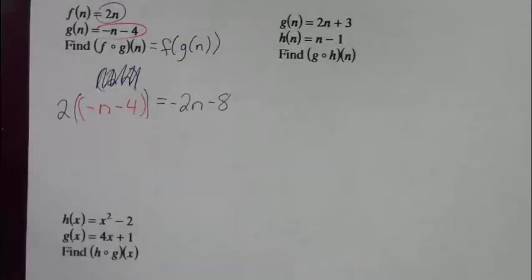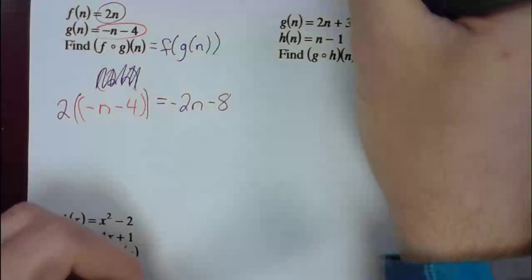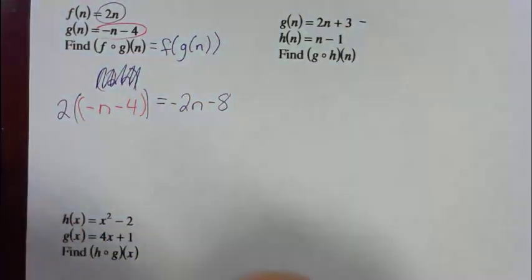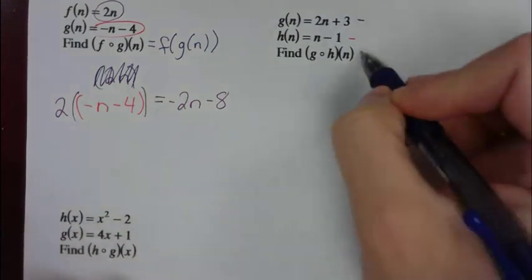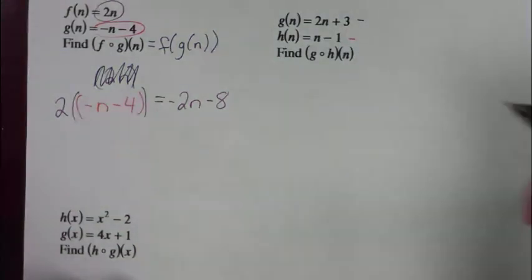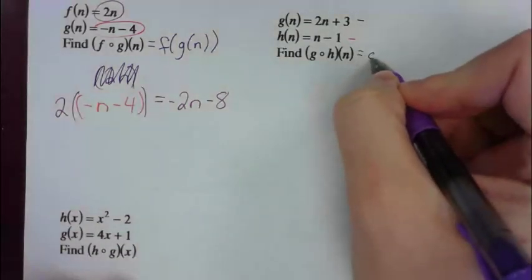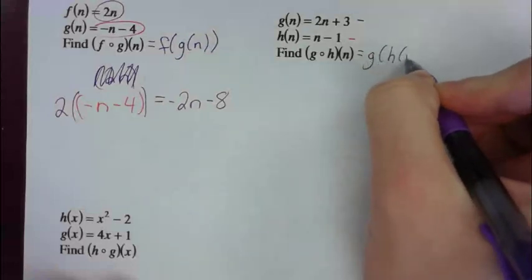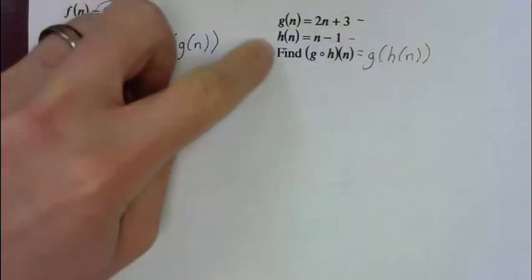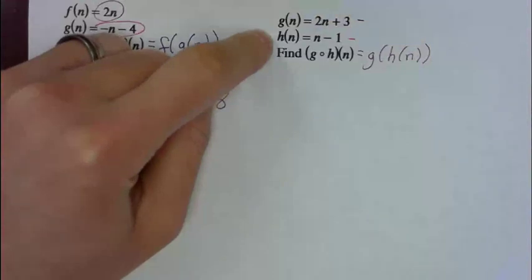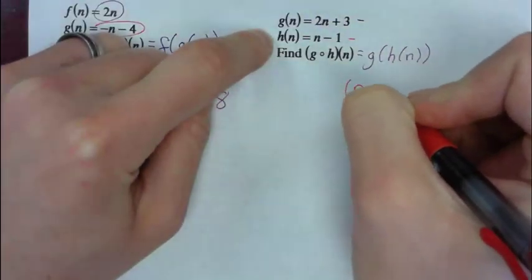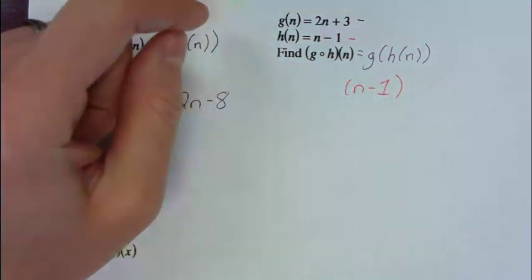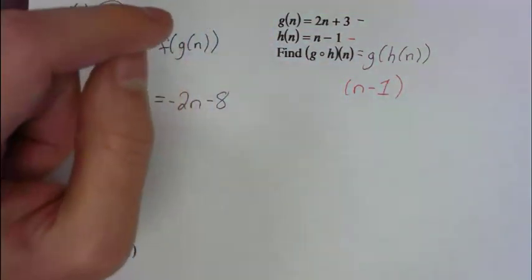So we'll use colors again. So blue for g and red for h. So you can see that this means that we're going to be doing g of h of n. So our h is going to be our input. So we have our n minus 1 that we're going to be using as our n value.